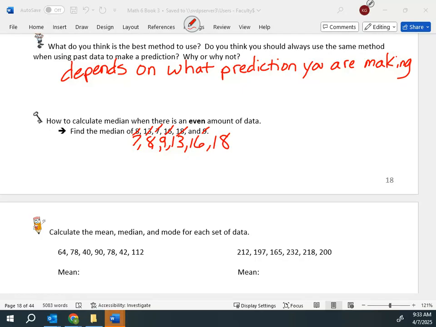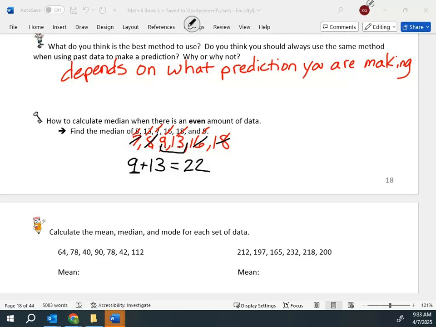Now what do we do? Emma? You cross them off to see what the point is. Cross them off, left and right, left and right. Uh-oh, if I cross off my left and right, I get none, so I have two numbers. Is my median 9 and 13? What do I do, Nolan? You add them together and divide by 2. I add them together. 9 plus 13 is 22.